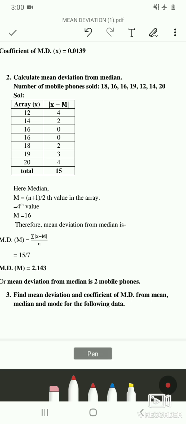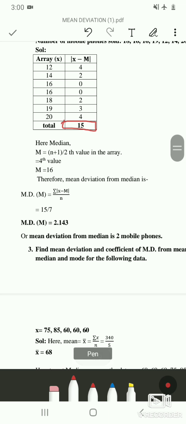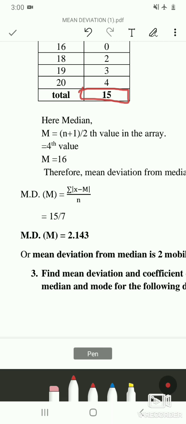Once you calculate these values, add all the values to get summation of absolute value of x minus M, and the value is 15. So this is summation of |x minus M|, that is median. So now substitute it in the formula for mean deviation from median, that is summation of |x minus M| upon n.